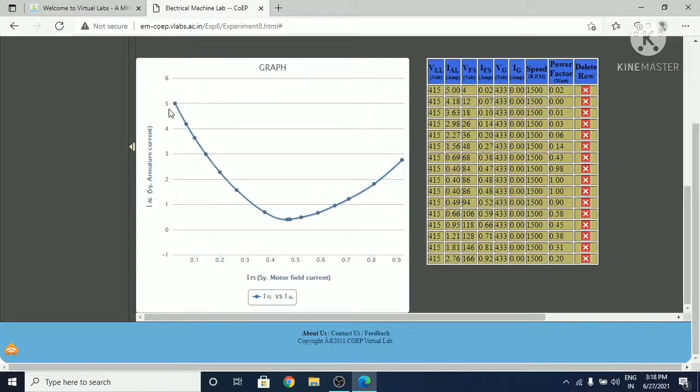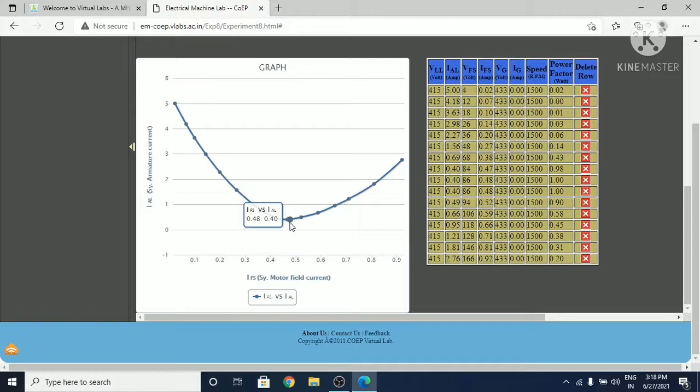Here you can see that we obtained the V curve. From this point to this point, the armature current is inversely proportional to the field current. But once the motor reaches the unity power factor, beyond this value of field current, the armature current is directly proportional to the field current.